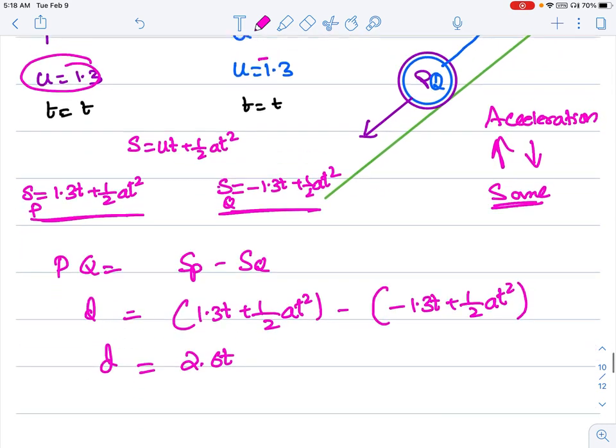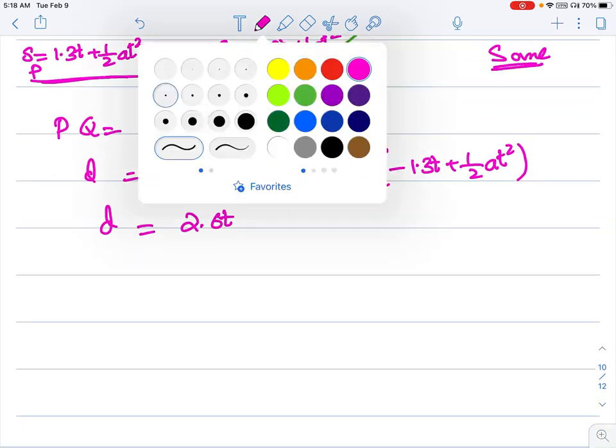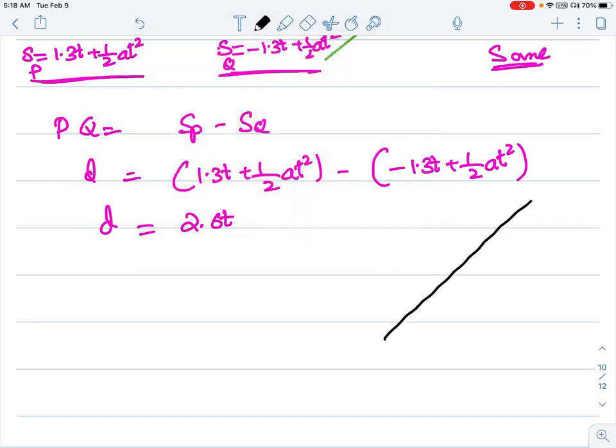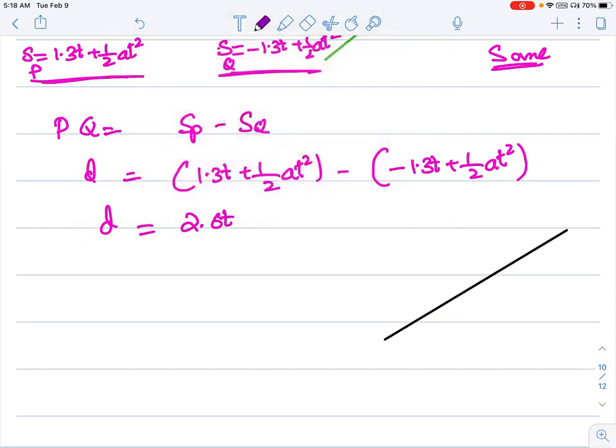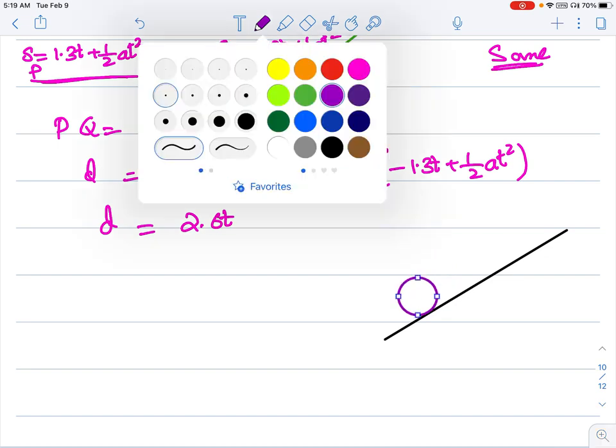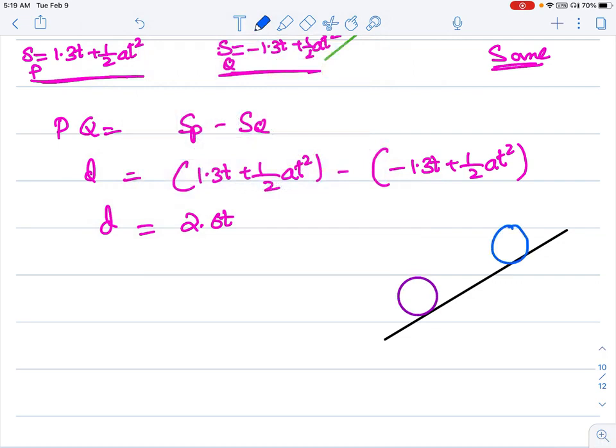So let us redraw the diagram. Now the particles came over here. P came down and Q came up. So what else has been told?